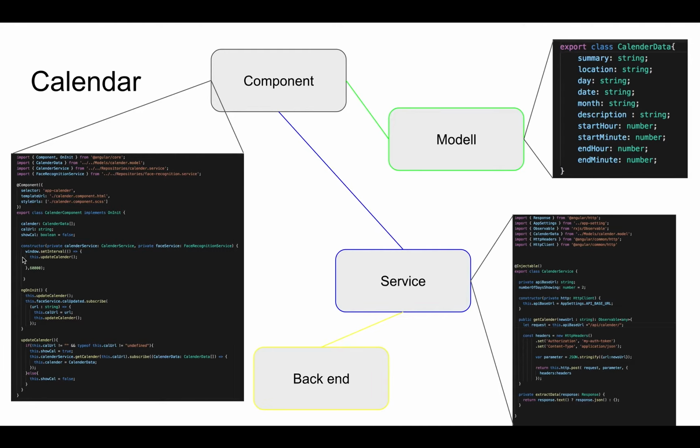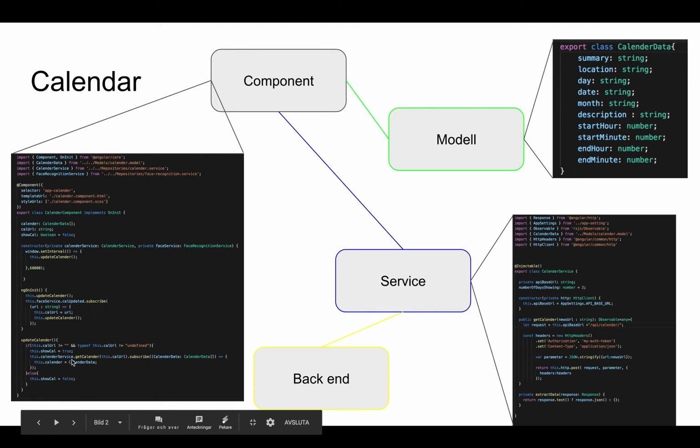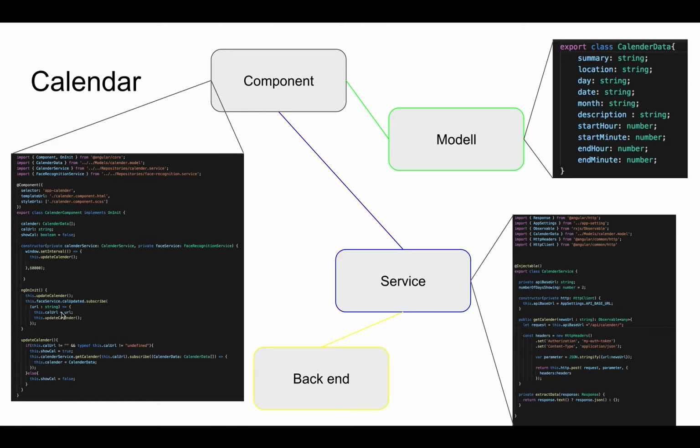So you can see here that this component is set up to call update calendar every 60 seconds, and when it calls, that's the method in the service that gets called, this method. This method is looking at when the face recognition sees someone, seeing that no one is in front of the mirror, the URL will change from there.